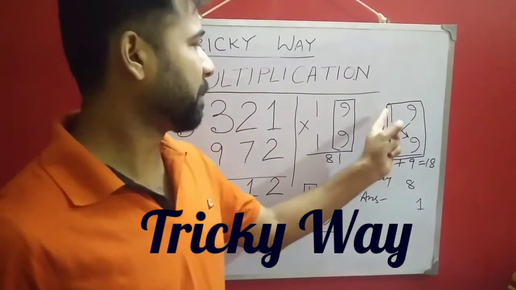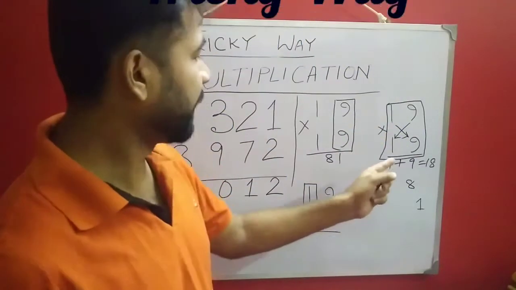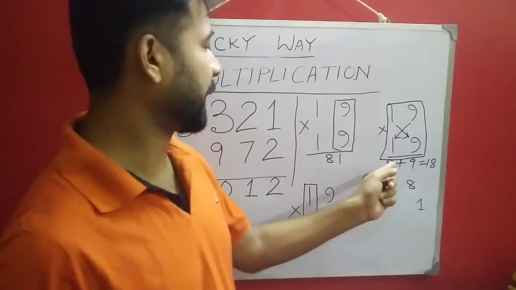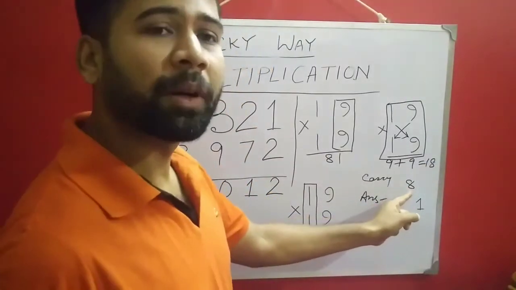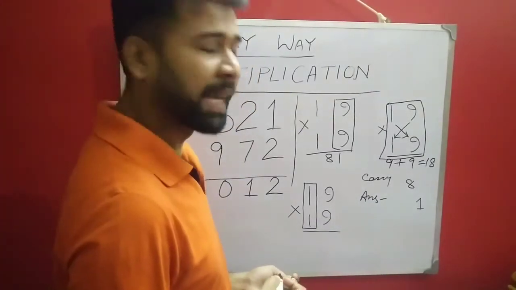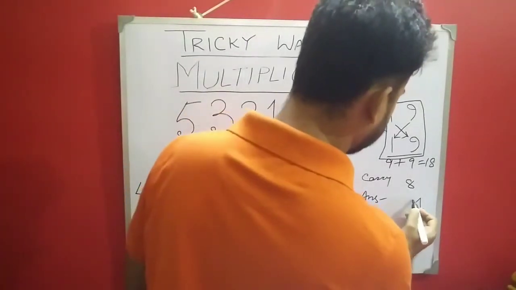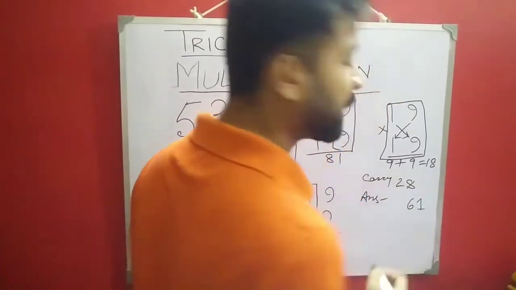I multiply the numbers crosswise and add the values. The result is 18 and we already have carry 8. 18 plus 8 equal to 26. So 6 and 2 is your carry.